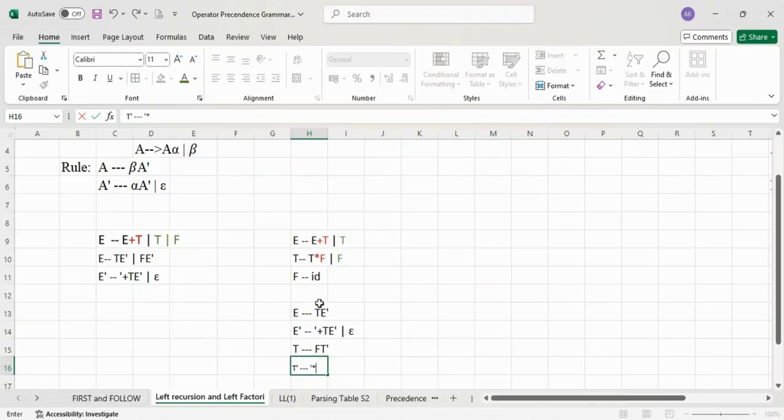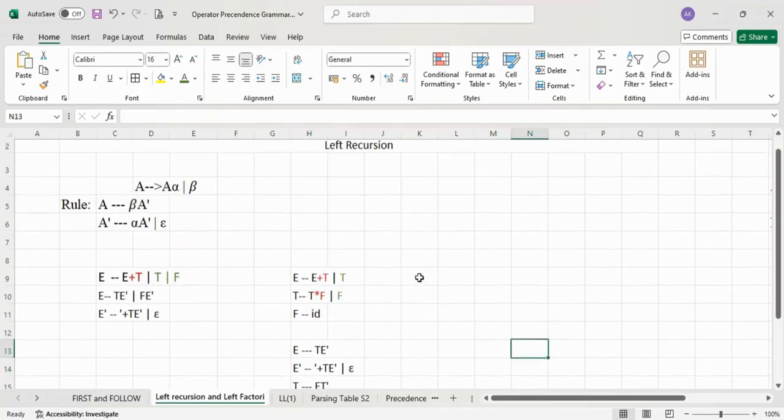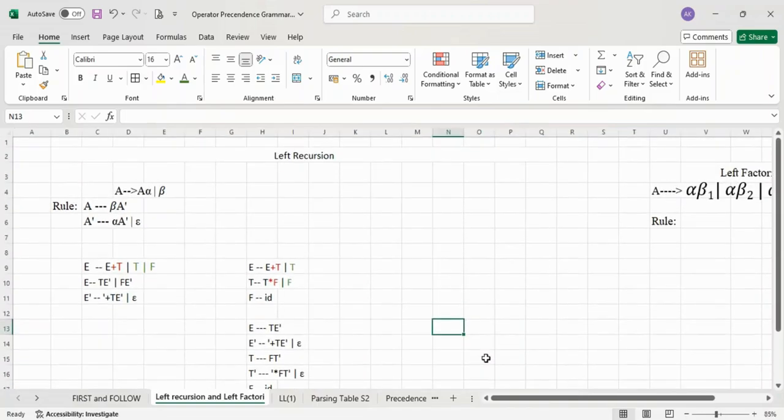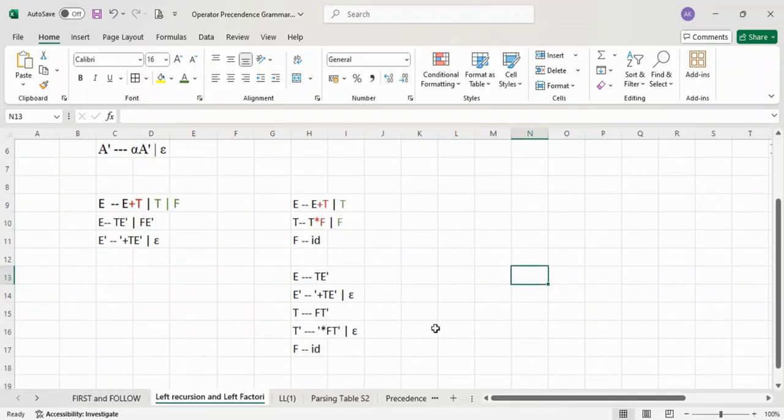My alpha is star F. I append T dash to it and I add epsilon. And if you observe for the F production, there is no left recursion. Hence, my F production is written without any changes. So I hope this is visible to everybody. This is my solution for the given grammar.